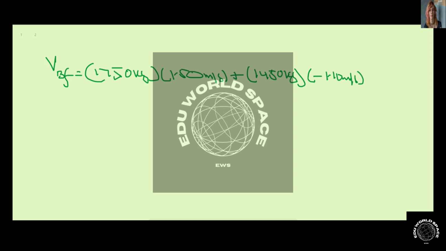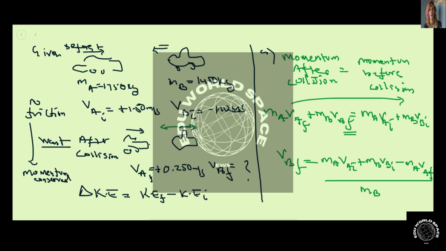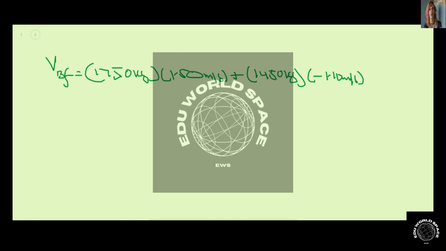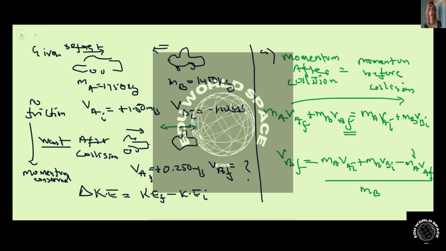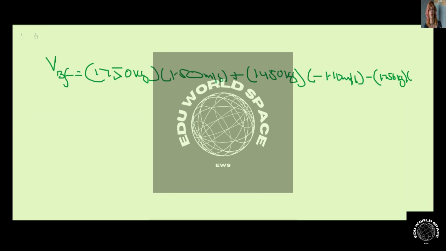And then there's also another portion which needs to be subtracted, and that happens to be the mass of A and the final velocity of A. So we're subtracting that 1750 kilograms times the final velocity of A, which happens to be 0.25 meters per second.